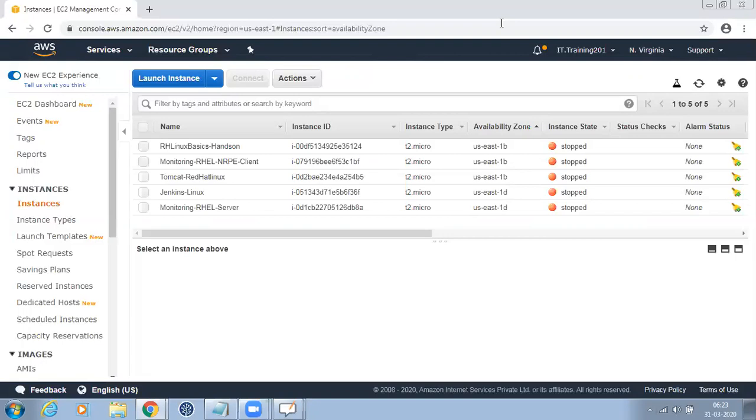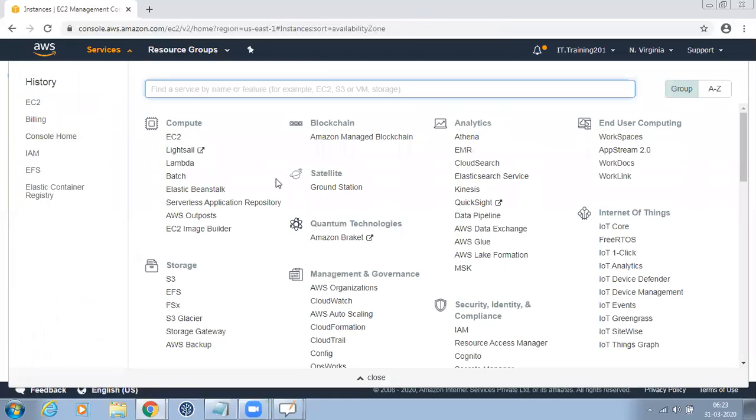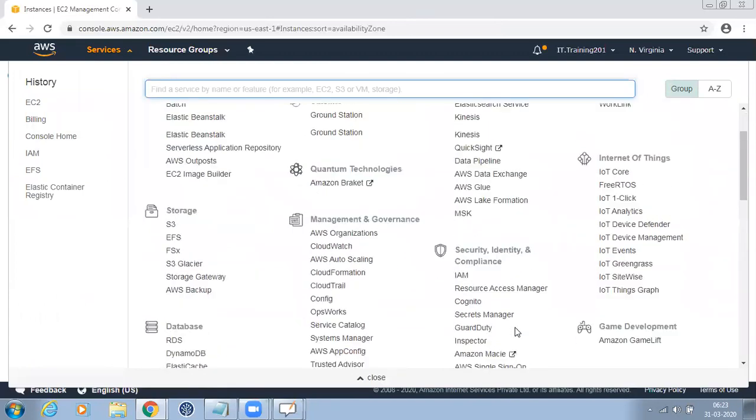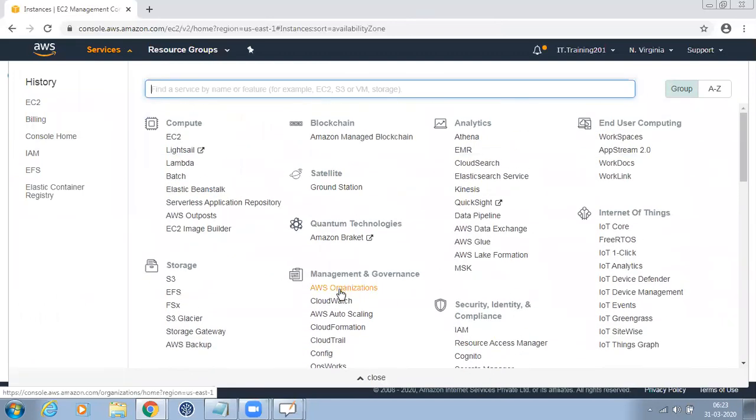It's not that we have to use all the services they have. See, there are many services Amazon is providing, but whatever services we need for our application, those the customers will use, and accordingly they will pay the fee to AWS.